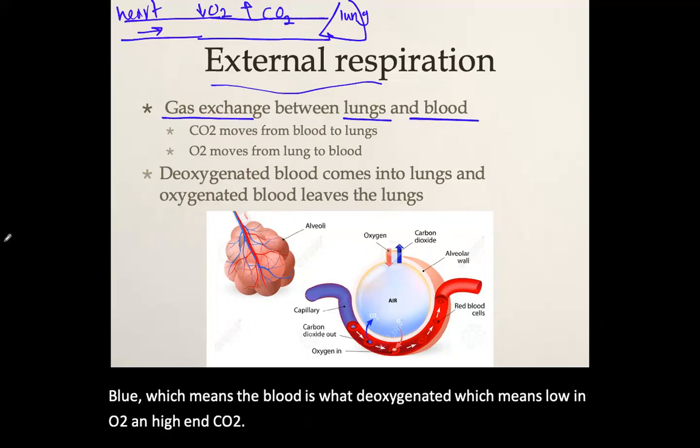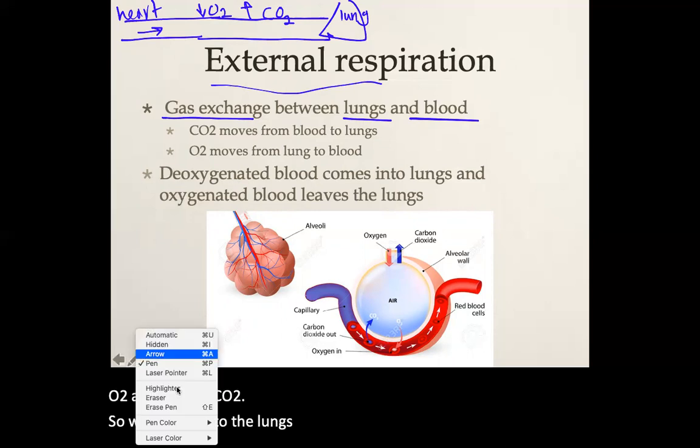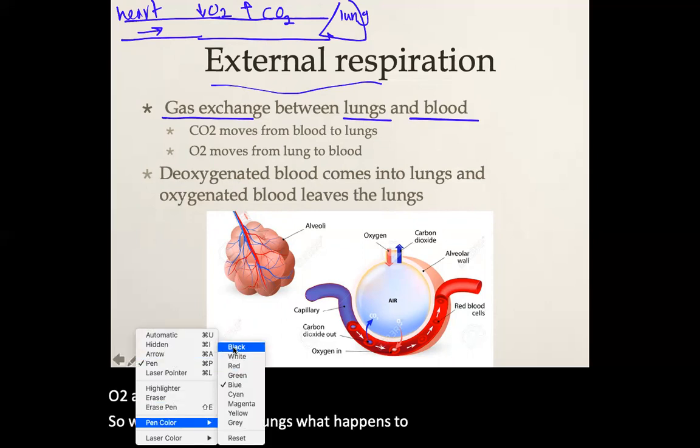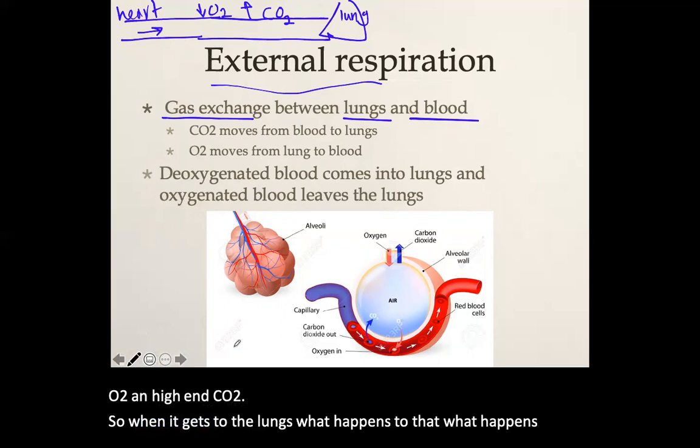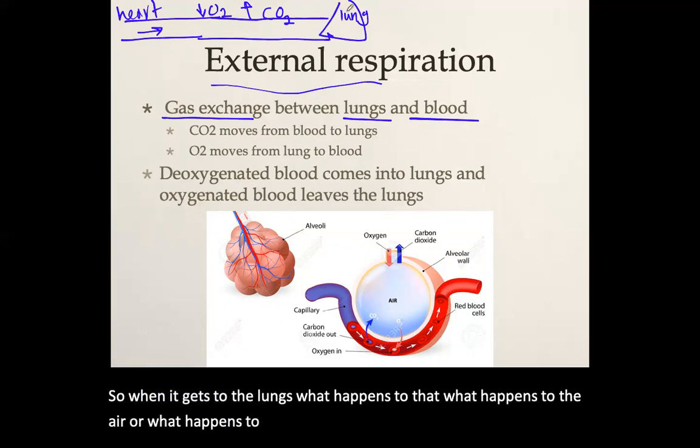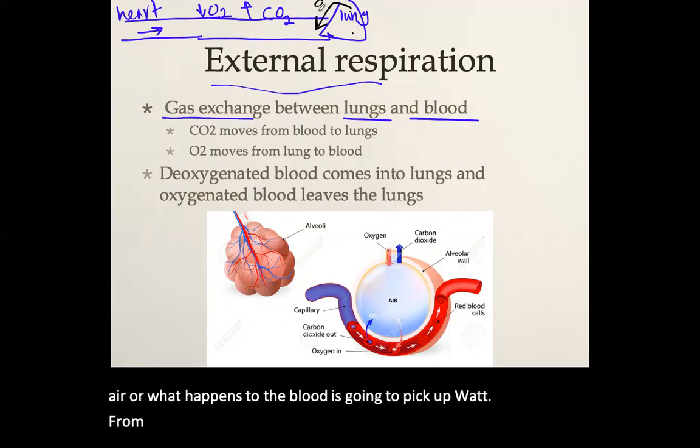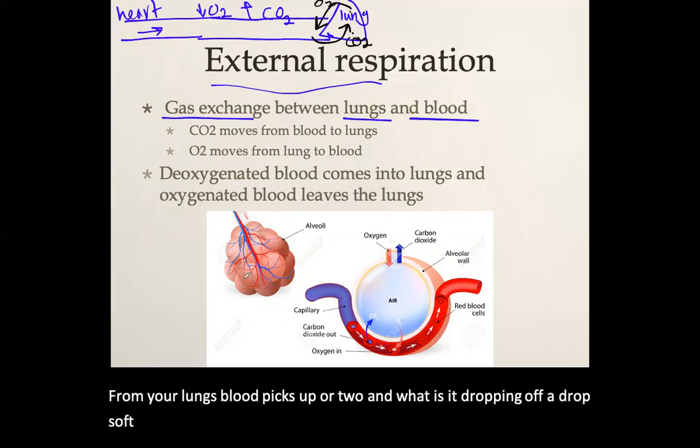So when it gets to the lungs, what happens to the blood? Blood is going to pick up what? From your lungs, blood picks up O2, and what is it dropping off? It drops off CO2, right?